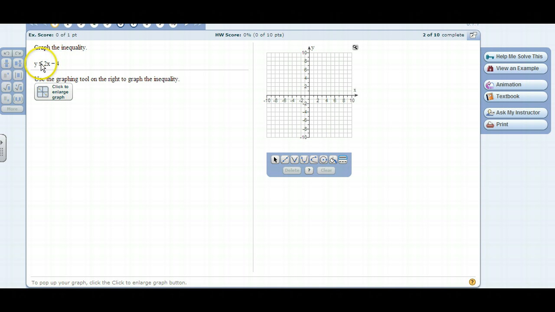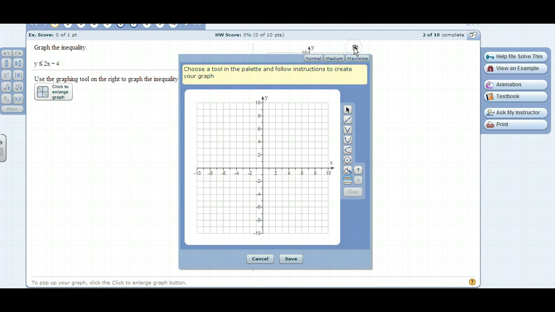So if I'm graphing this, first of all, I can treat it just like this is y equals. So ignore the fact that that says less than or equal to, and just treat it like it's y equals the line 2x minus 4. So initially, a couple things I have to decide is, one, am I using a solid line or a dashed line?